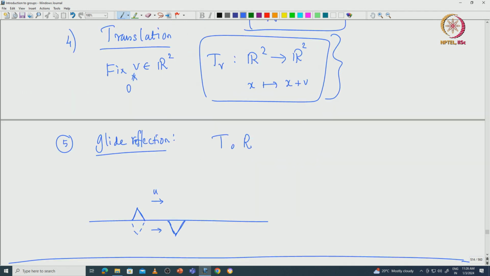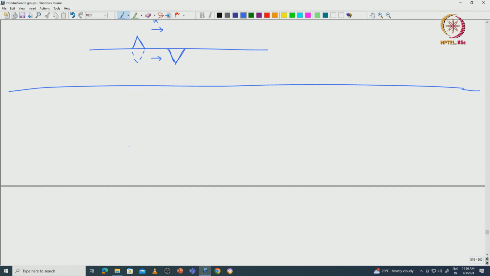Now what about reflection? Okay. Reflection can be obtained as follows. If you are interested in reflection with respect to any line, then first you can translate that line to a line passing through the origin, and then reflect with respect to that line. So it can be written as a composition of two isometries.